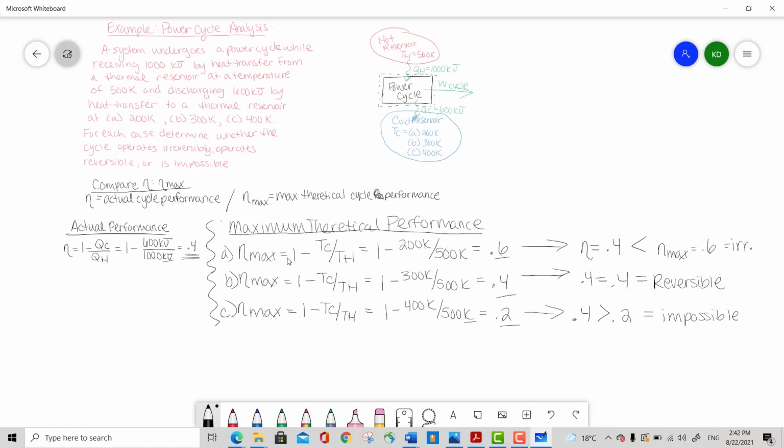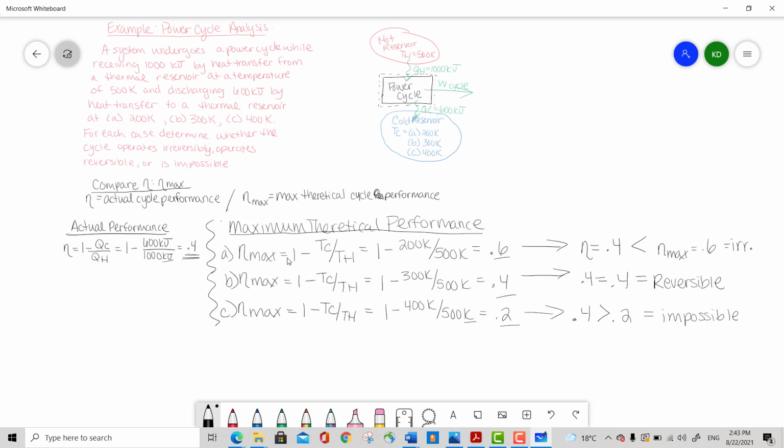That's the best case scenario. But if we have a maximum theoretical performance of 0.2 and then an actual performance of 0.4, then that's impossible. We're not going to have actual performance become greater than our theoretical performance.